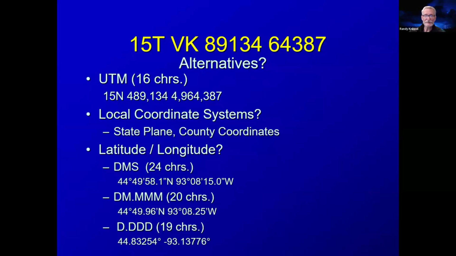So for example, the degrees, minutes, seconds, I would have to say 44 degrees, 49 minutes, 58.1 seconds north, 93 degrees, 08 minutes, 15.0 seconds west. And if you miss some of that, or if it gets misinterpreted, that you're somehow saying degrees, minutes, decimal minutes, it could be 50 miles away.